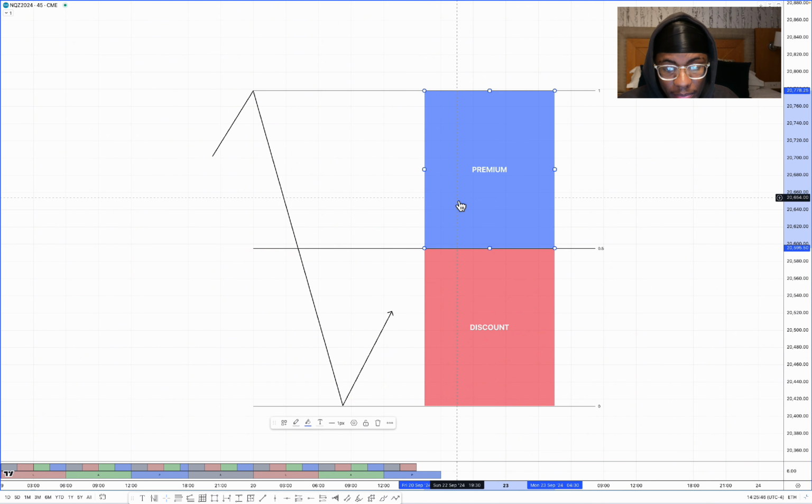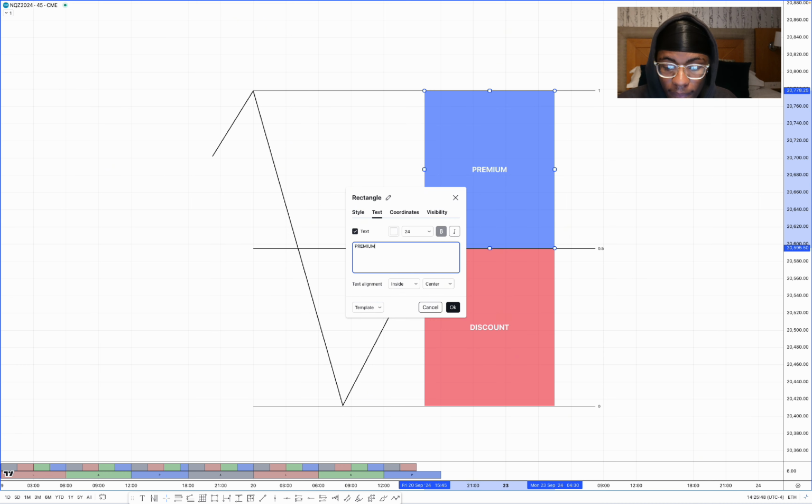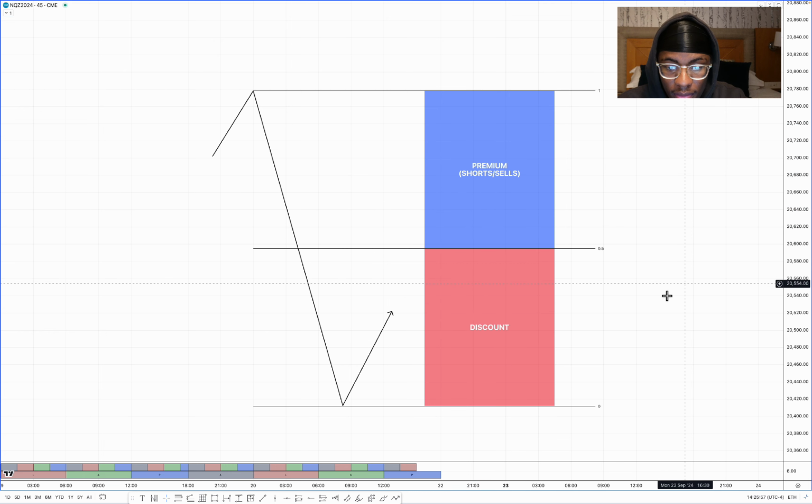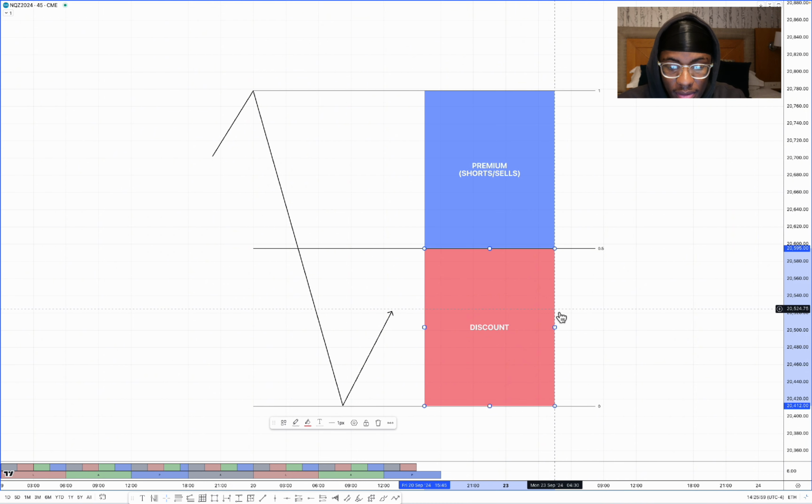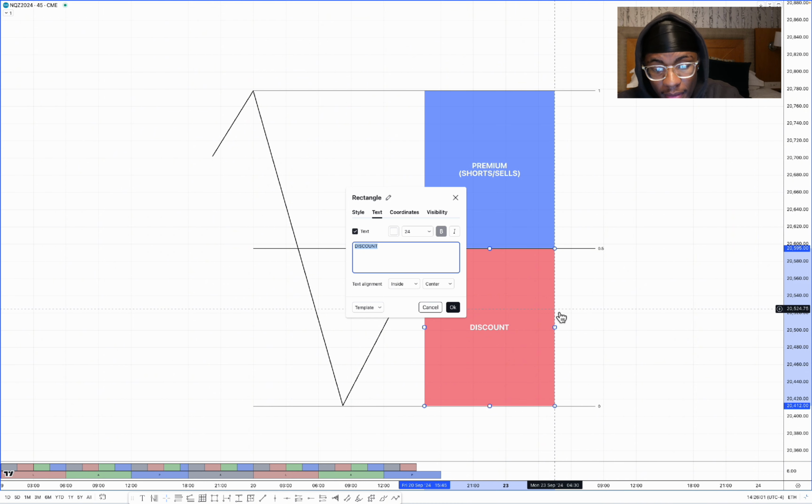Within a premium area, what do we look for? Shorts, in other words sells, in retail language. So in a discount, what do we look for? Longs, in other words, buys.